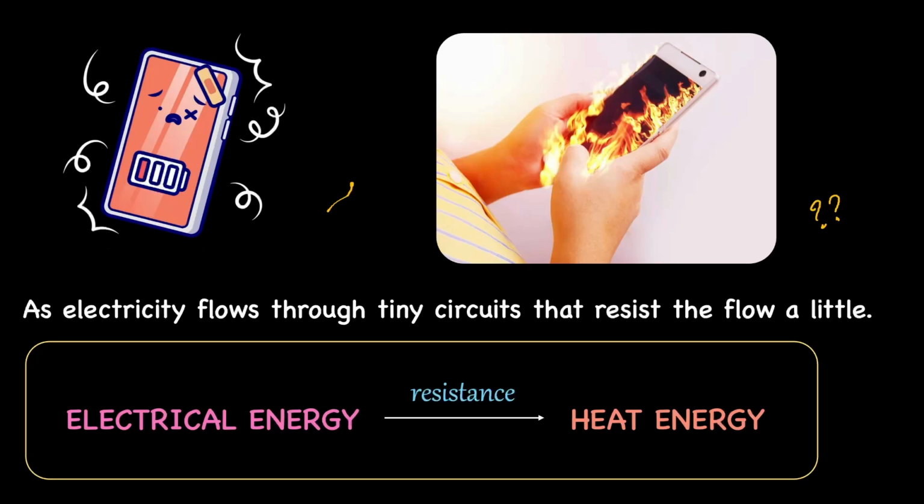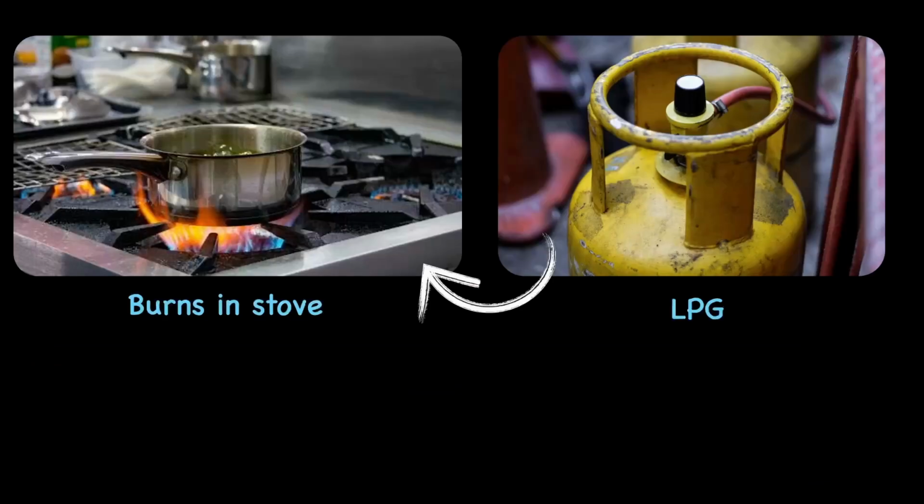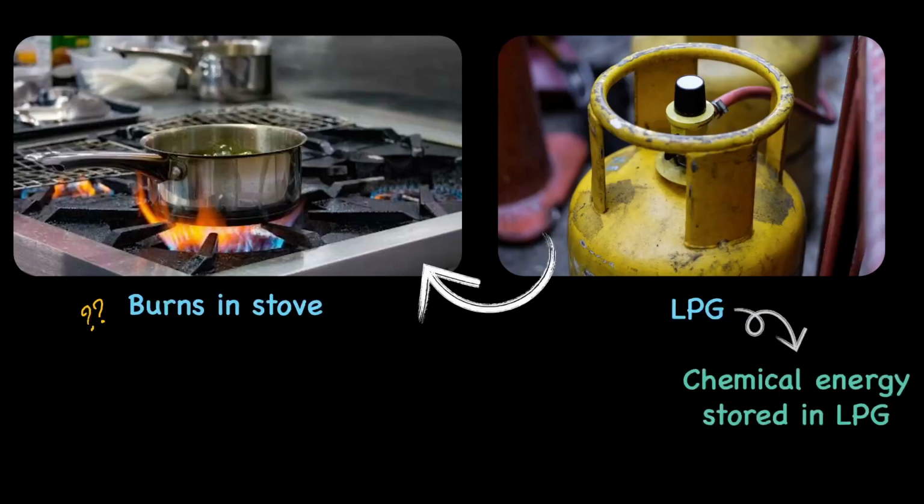But now, of course, you see that heat is not just produced when we overuse our phones or our electrical devices. Heat is also produced at our stove. I mean, if you want to cook, you go to the gas stove, you take a lighter, and then you light up the stove. But how exactly does the stove burn? You see, your gas stove has a connection to LPG, right? And inside of this LPG is where the chemical energy is stored. It's stored inside of the fuel.